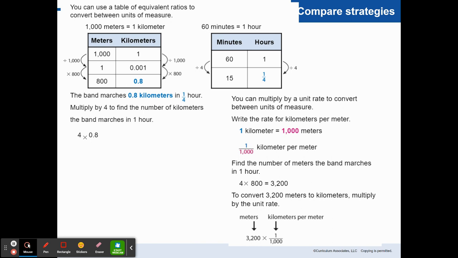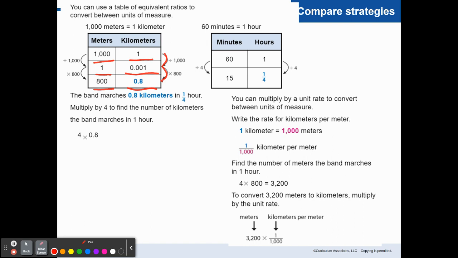You could sit here and go: 1 kilometer is 1,000 meters, which means 1 meter is this, which means 800 meters would be this, right? Doing all of these relationships, divide by 1,000 times 800, all right? Or you could convert the way that I did before.